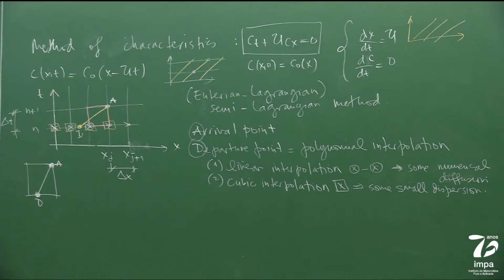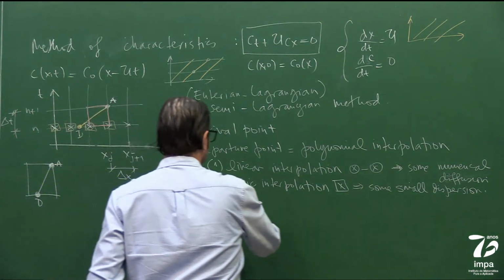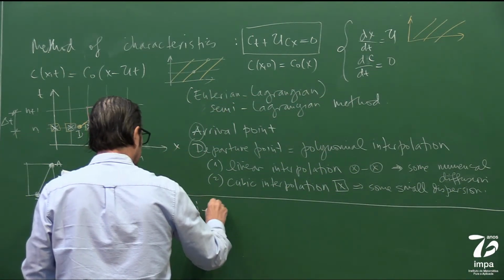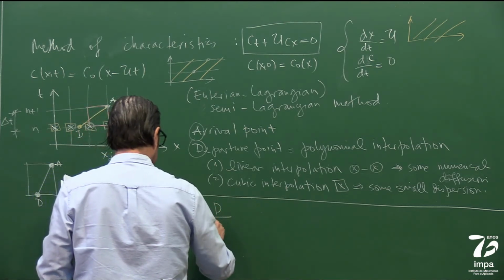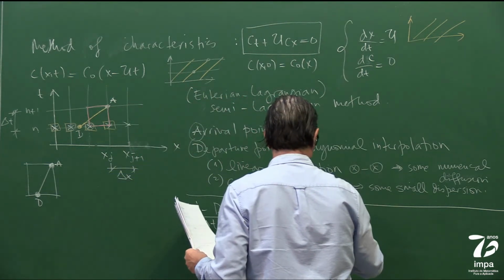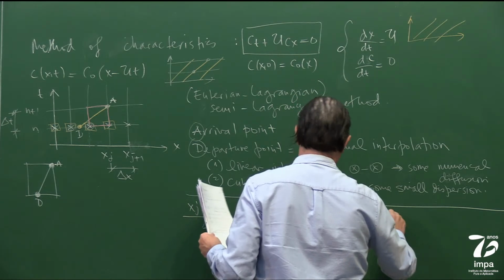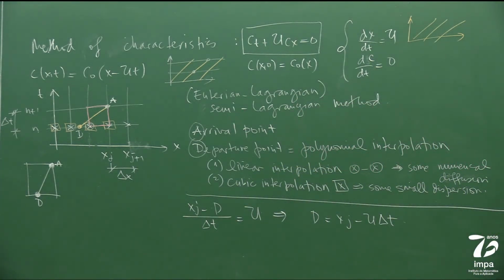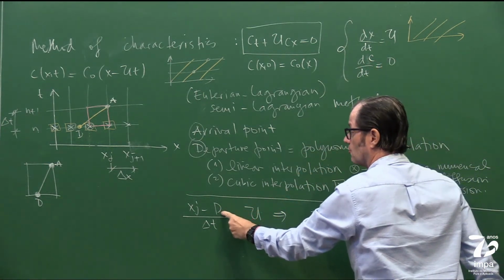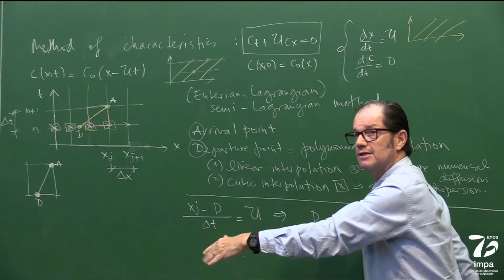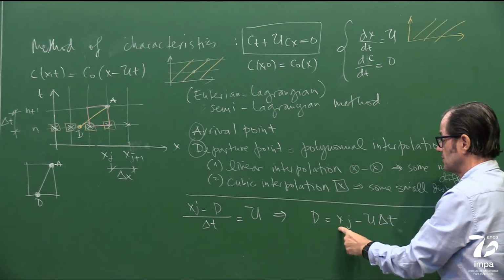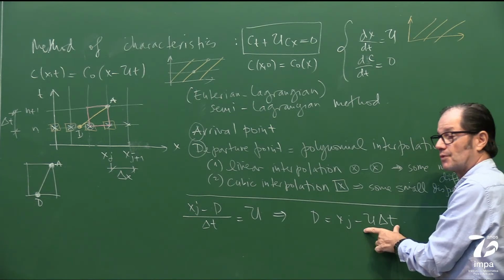So how would we do this, numerically speaking? Look, this is an approximation of this ODE, very simple. Because it's linear, it's a linear slope. This gives us the departure point, the xj coming backwards.